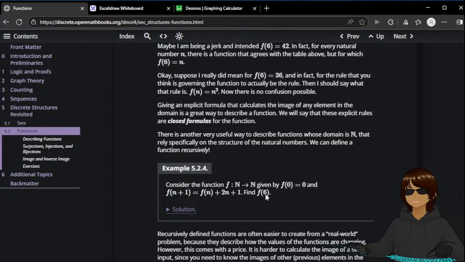Find f(6). So this is a recursive definition, right? You have 0 over here. When n is equal to 0, we have f(1), and then we get 1 as the output.